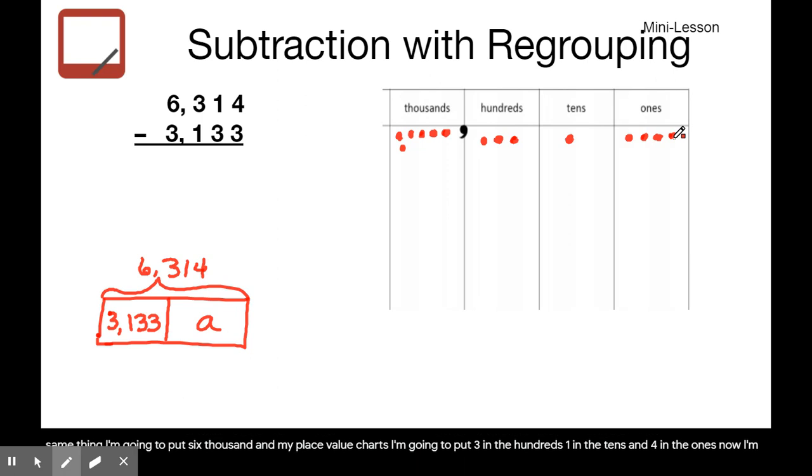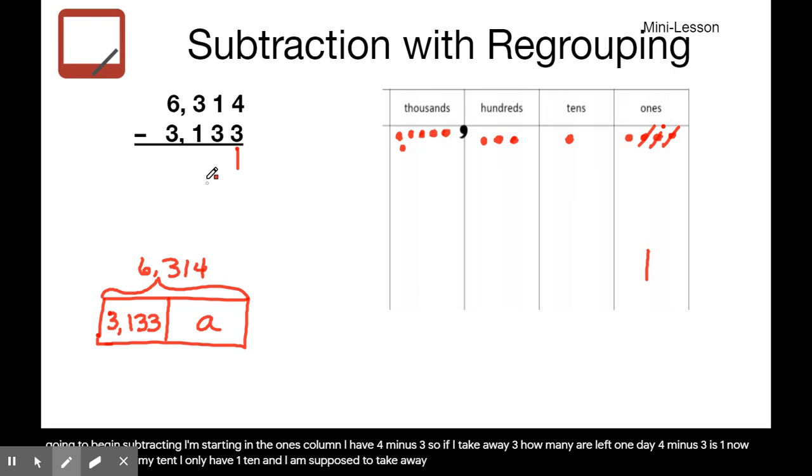Now I'm going to begin subtracting. I'm starting in the ones column. I have 4 minus 3. If I take away 3, how many are left? 1. Okay, 4 minus 3 is 1. Now I'm going to go to my tens. I only have 1 ten, and I am supposed to take away 3. 1 minus 3, I cannot do that.